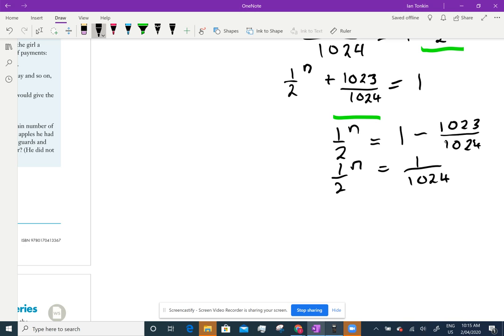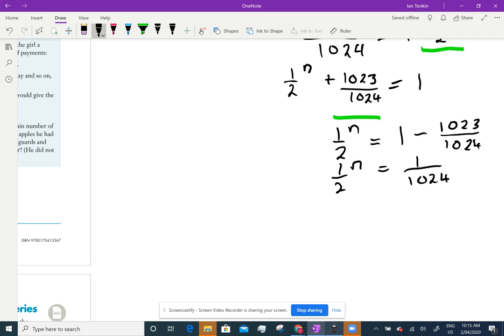A half to the power of n is 1 to the n over 2 to the n equals 1 over 1024. So essentially I'm just solving 2 to the n equals 1024, but I'm going to do it with a log for the whole thing, and it'll pop out the same.